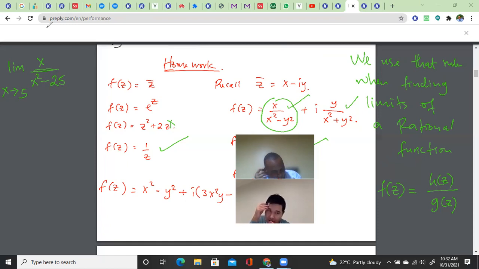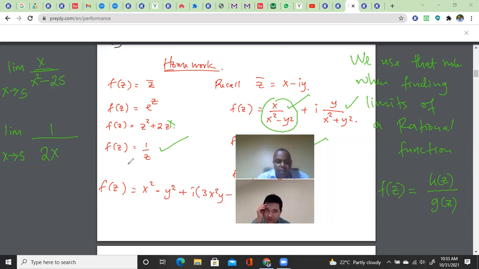Oh, okay. It equals 1, right? Limit when x approaches 5, we need to take a derivative of the bottom and the top. So it's going to be the limit as x approaches 5 of 1 over 2x. That's it.